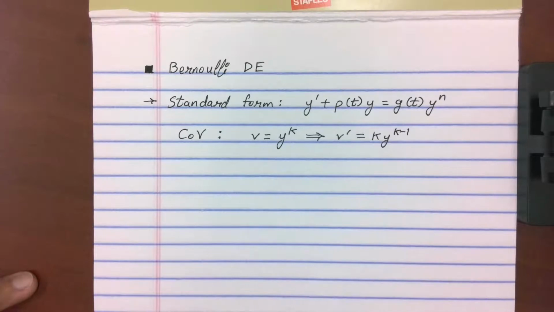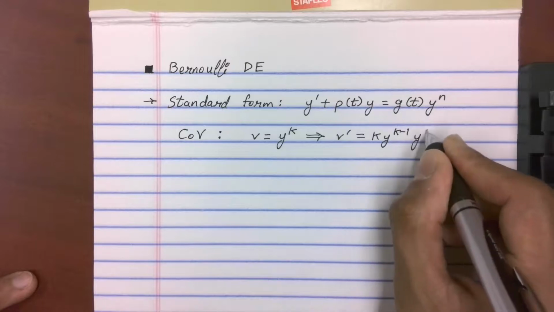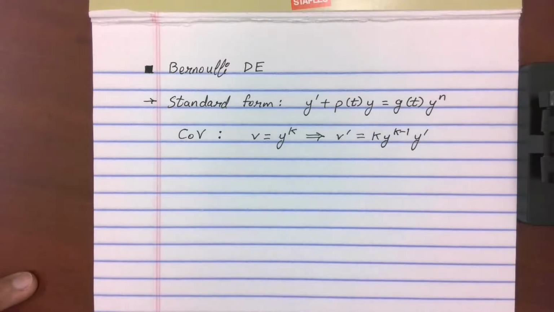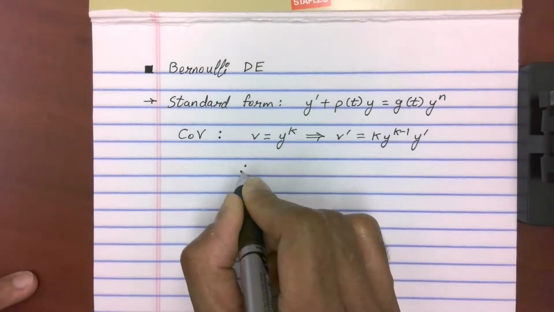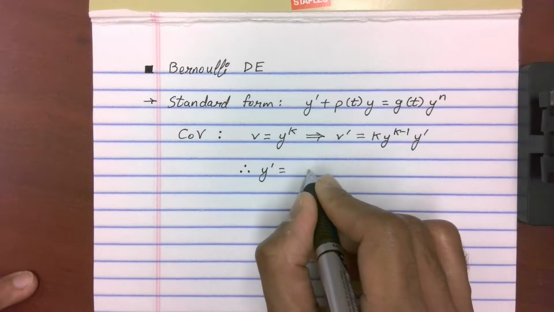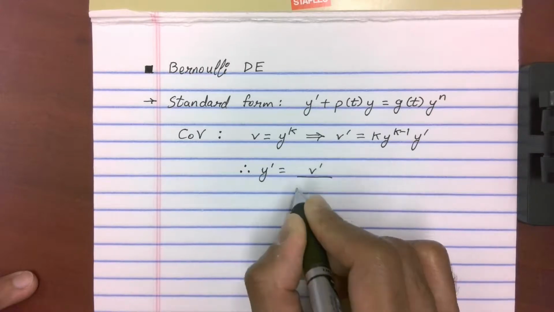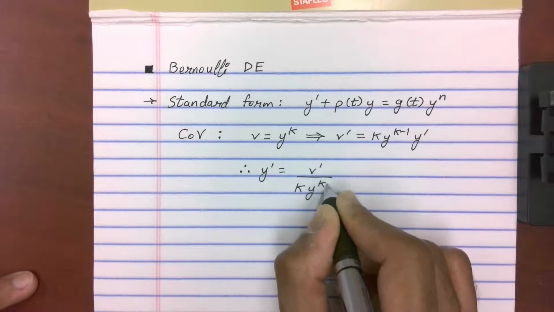However, because y is some unknown function of t, by the chain rule we have to multiply this by y prime. And so if we solve for y prime, we get y prime equals v prime divided by k times y raised to k minus 1.